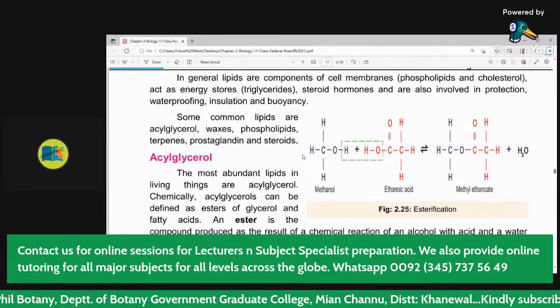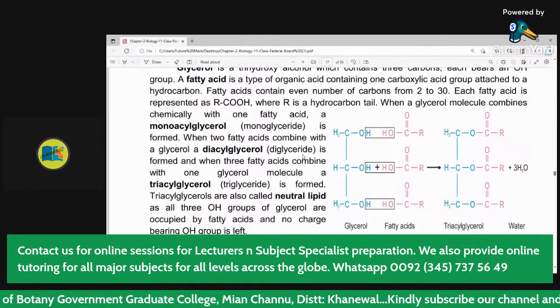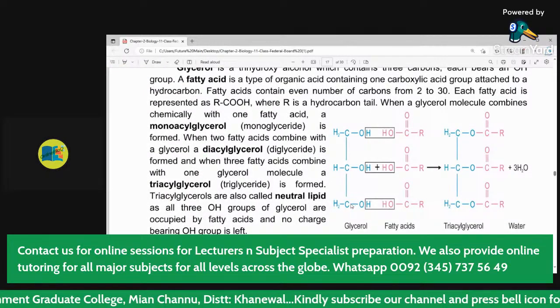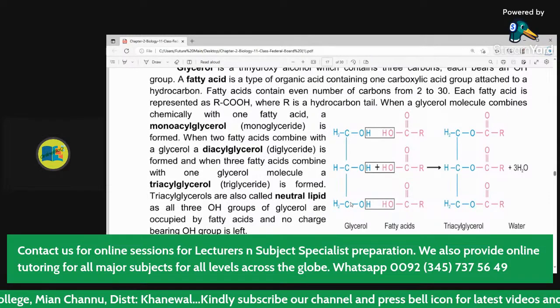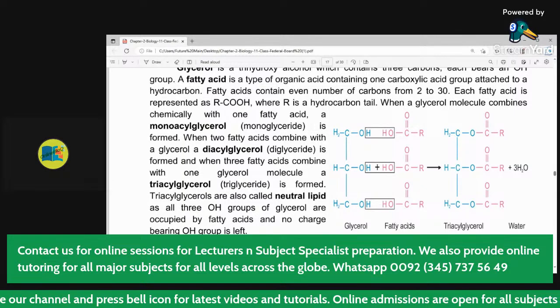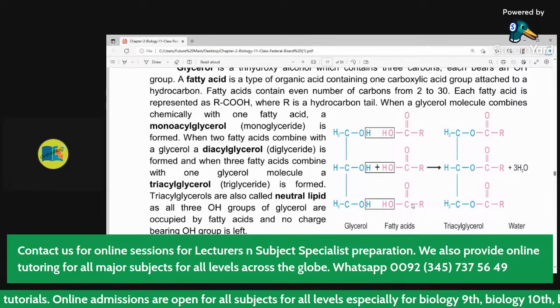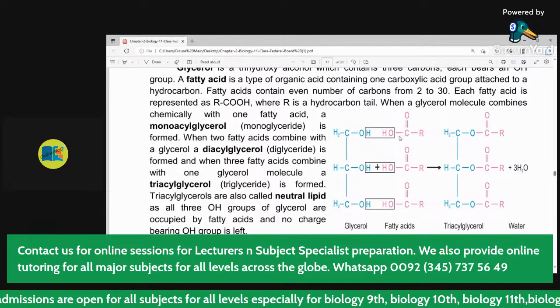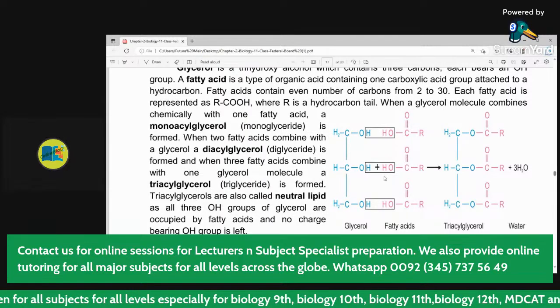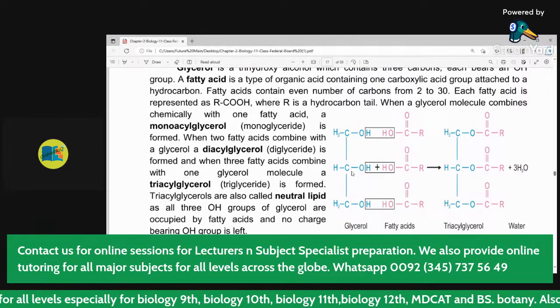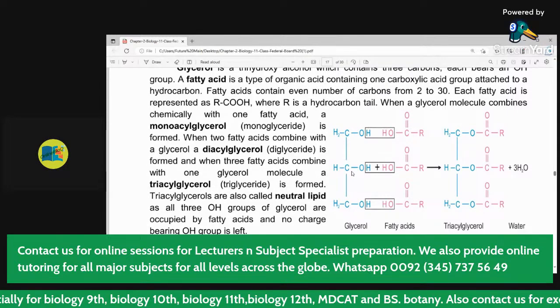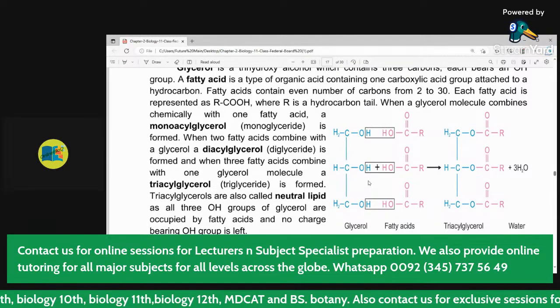Here we can see glycerol, a trihydroxy alcohol, reacting with fatty acids. In this example, there are three fatty acids combining with one glycerol molecule, and a reaction takes place.